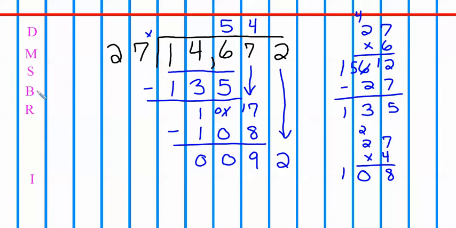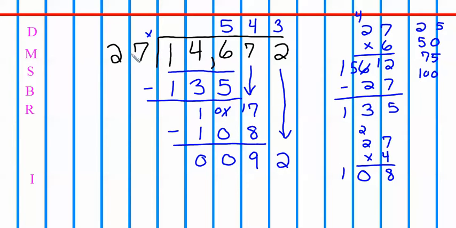Every time we can bring down, the next step is always to repeat back to the top, divide. 27 goes into 92 about 3 times. Again, if we think of 27 as the number 25, and we count by 25s, we'll get 25, 50, 75, and then 100, which means counting 4 times is probably too much, which is why I use 3.